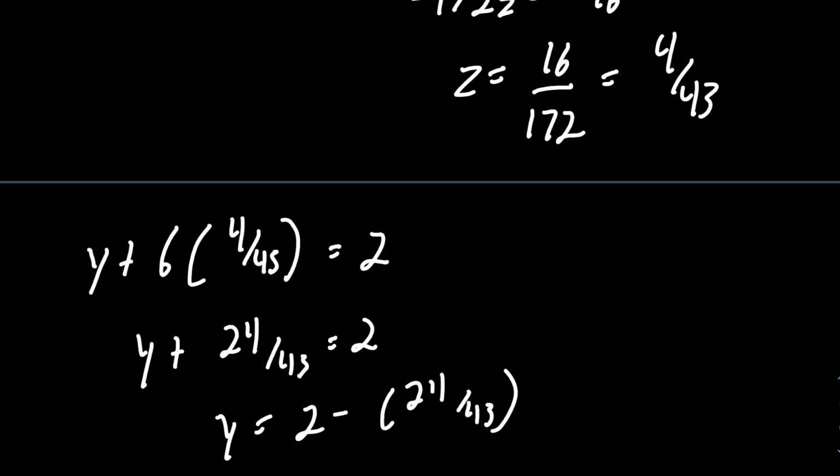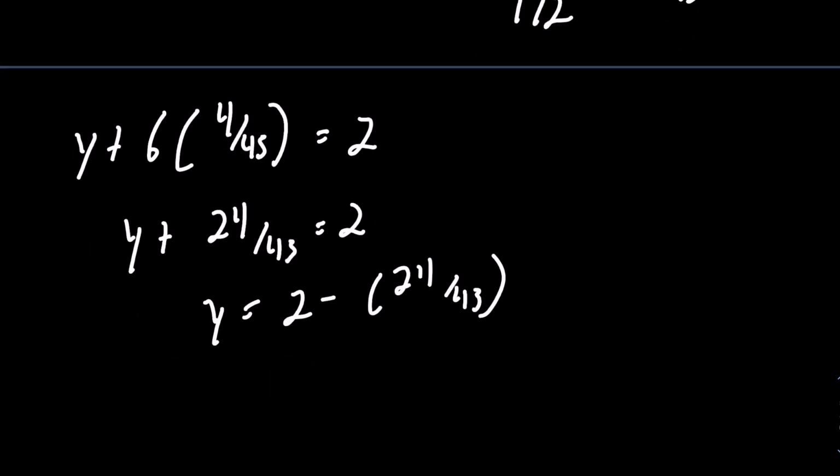Now, let's see here. Two minus 24 over 43. That's approximately 1.442.